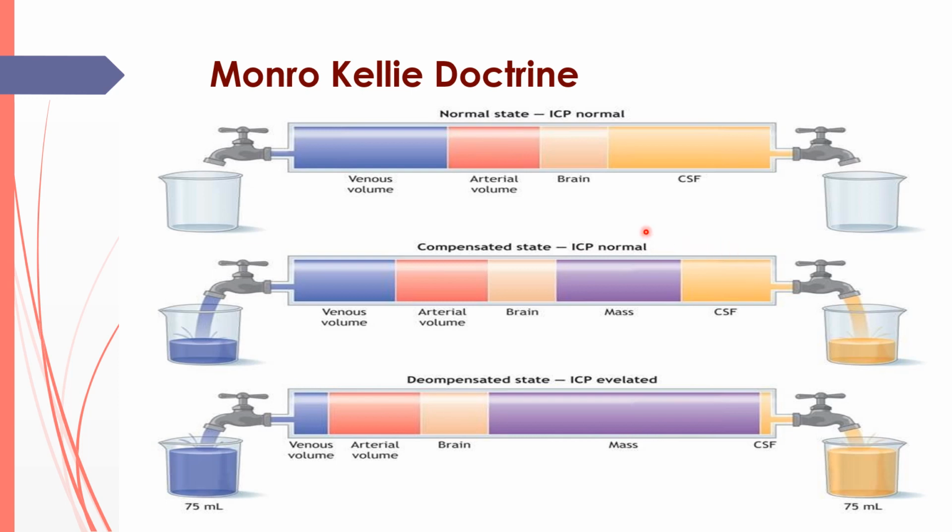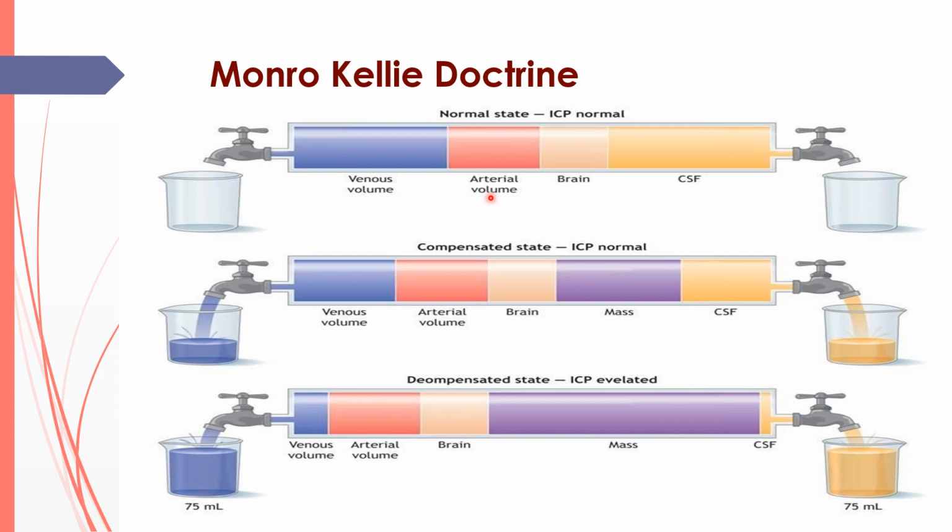So these are the three components of the cerebral cavity: blood, brain, and the CSF, that is cerebrospinal fluid. When there is any change in one of these three components, the cerebral cavity is still maintained at the expense of the other two components.